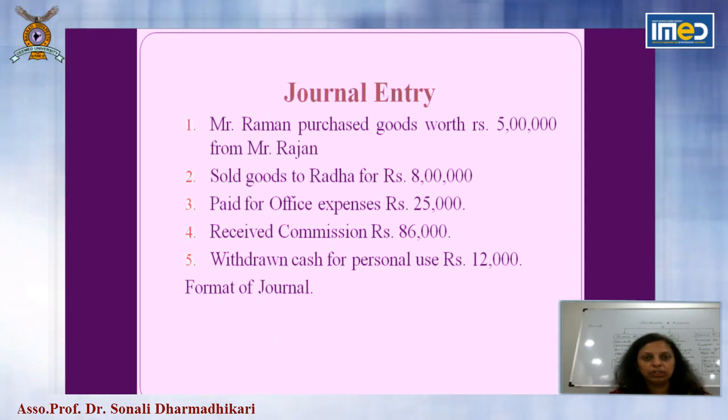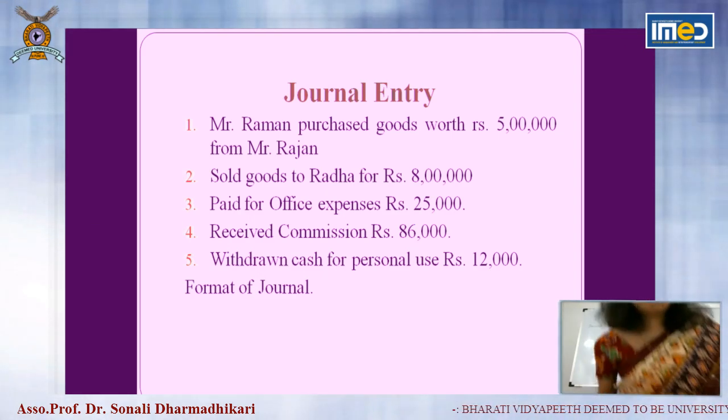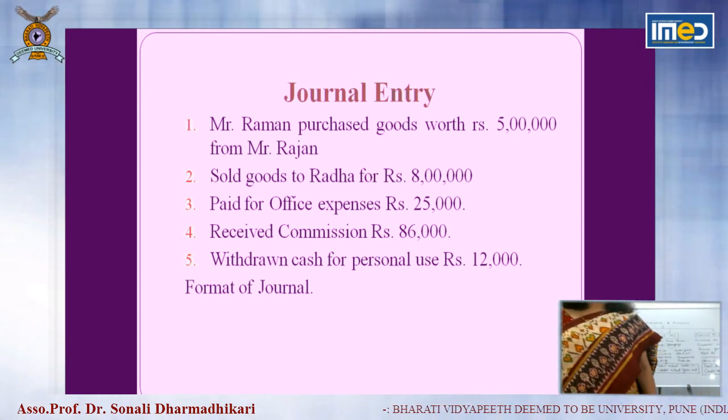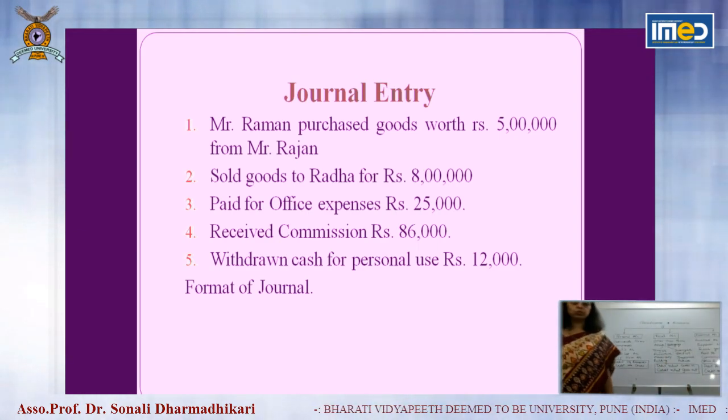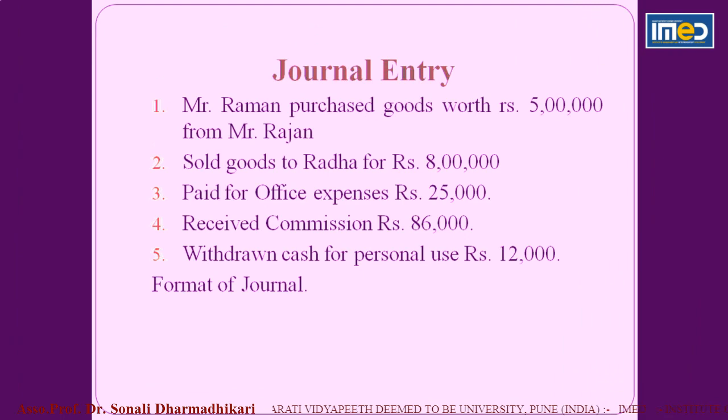Now initially we will start with examples of how to pass a journal entry. Now the first transaction we will take. Mr. Raman purchased goods worth rupees 5 lakh from Mr. Rajan. You have to pass the entry in the books of Mr. Raman. Now step 1.